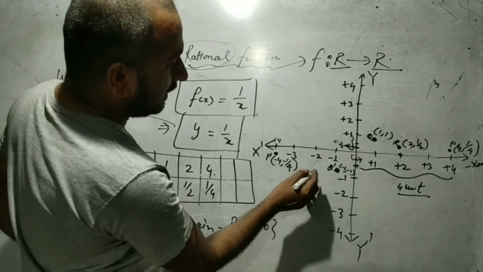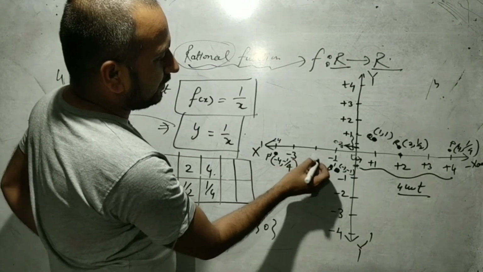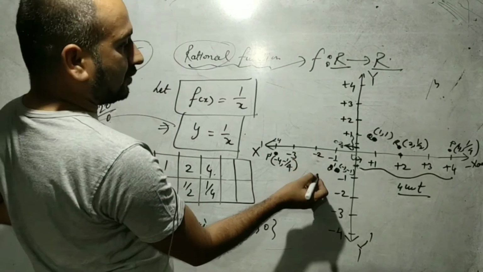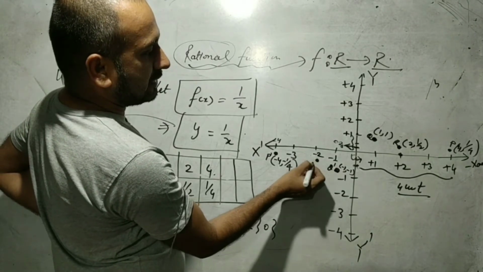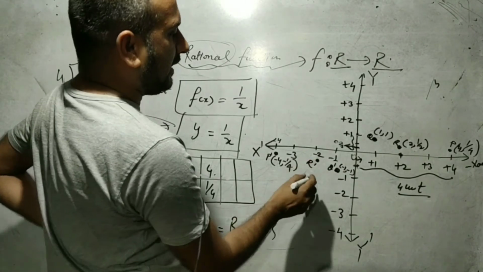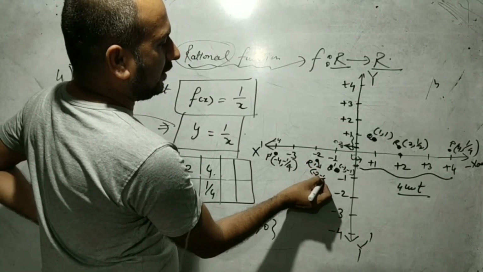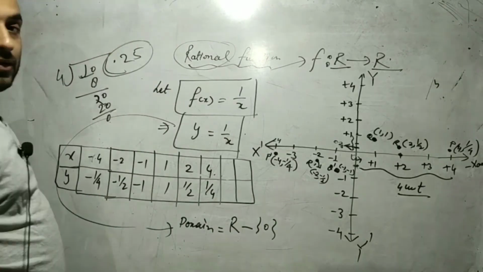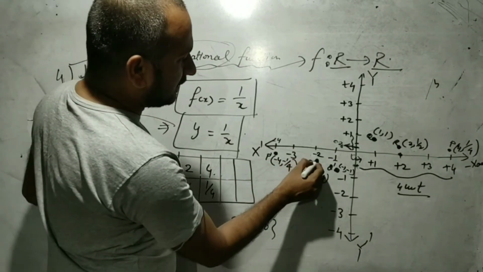Where is minus 2? Here is minus 2, and next is 0.5. The coordinates of this point R dash are minus 2 comma minus 1 upon 2. Okay, now students, locating your points is very important.